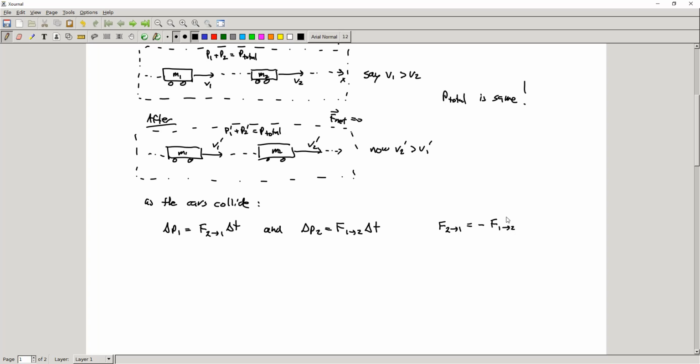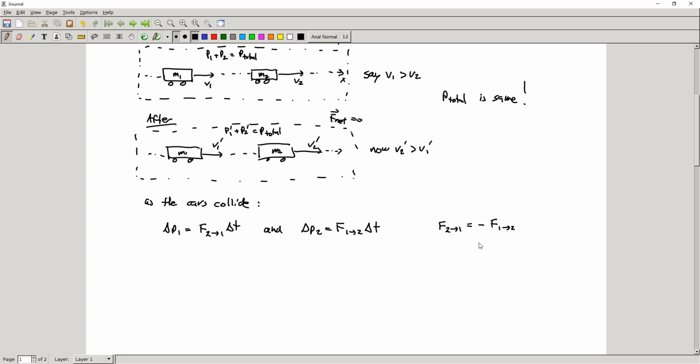This is the same collision happening, and by Newton's third law, we know that every force has an equal and opposite force. So we have car 1 applying a force to car 2 and car 2 applying a force to car 1. These are equal in magnitude but opposite in direction, so we pick up this minus sign.